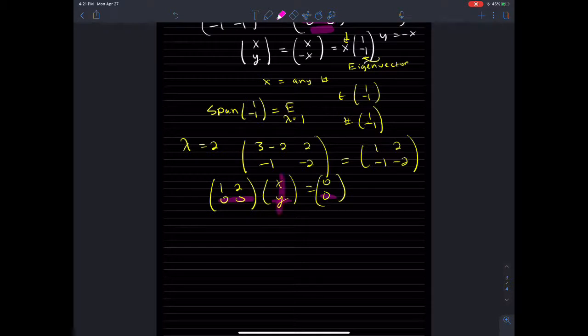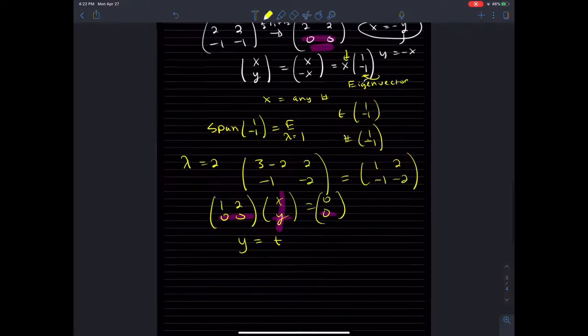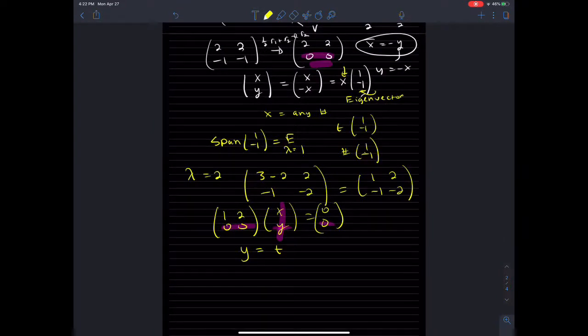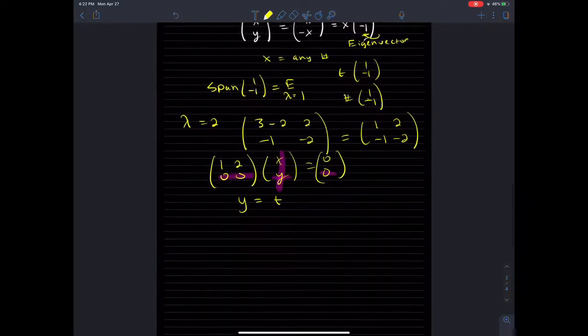So I'm going to set y equal to t, a parameter. You don't have to do the 2 by 2 this way because you'll be able to figure out your eigenvector without doing this. But when I get to the 3 by 3s, it really helps me keep track of all 3 of them that are going on.